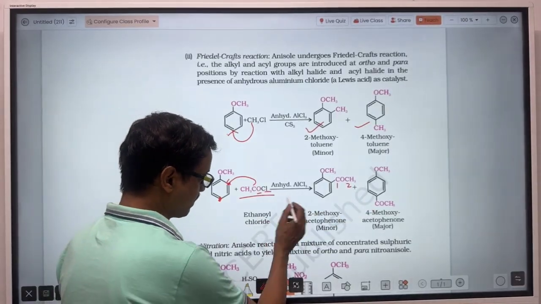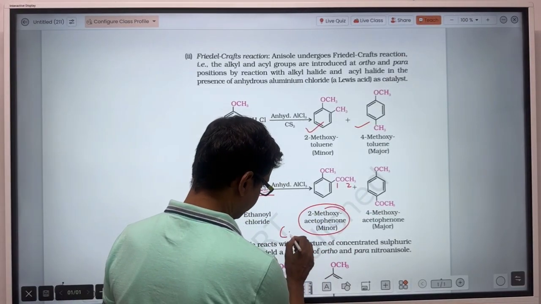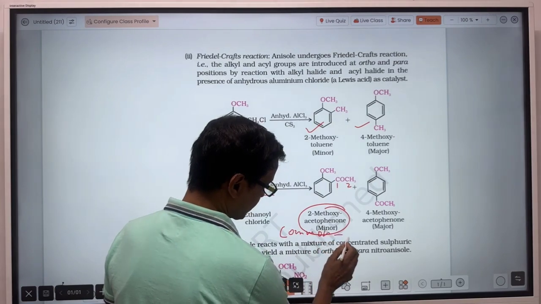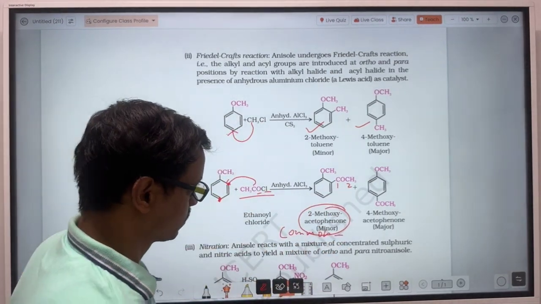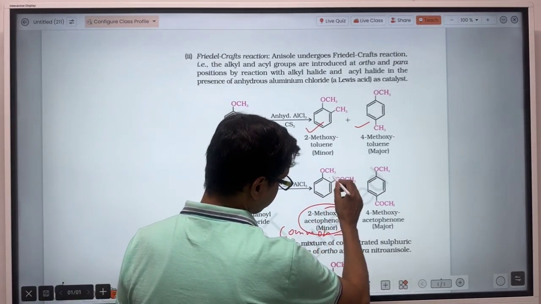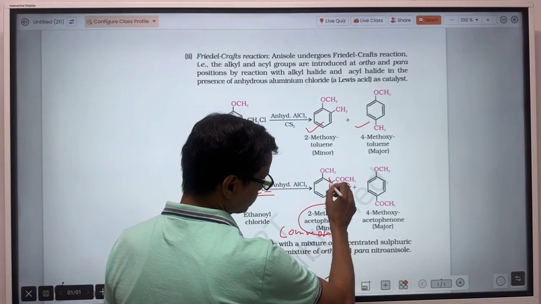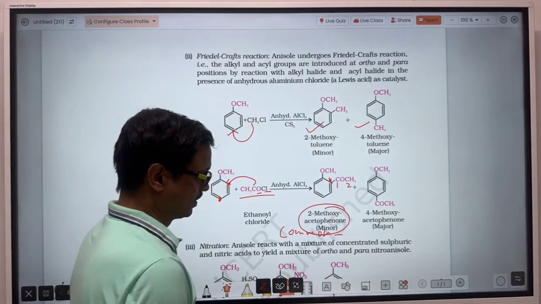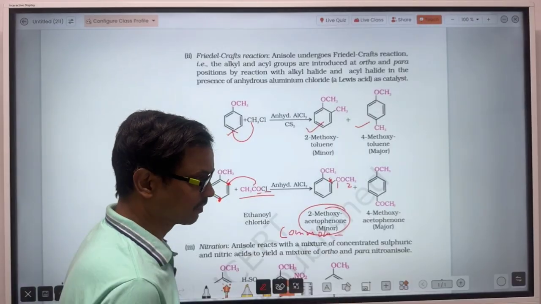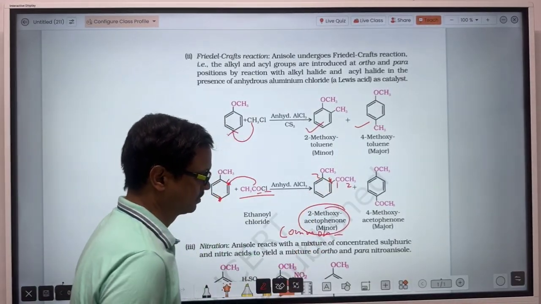I am telling you about the IUPAC name. This one is the common name; I am telling you the IUPAC name. So now here it is bonded at the first position. There is benzene. The carbon atom of the open chain which is bonded to benzene will get position one, and the next will be second position.